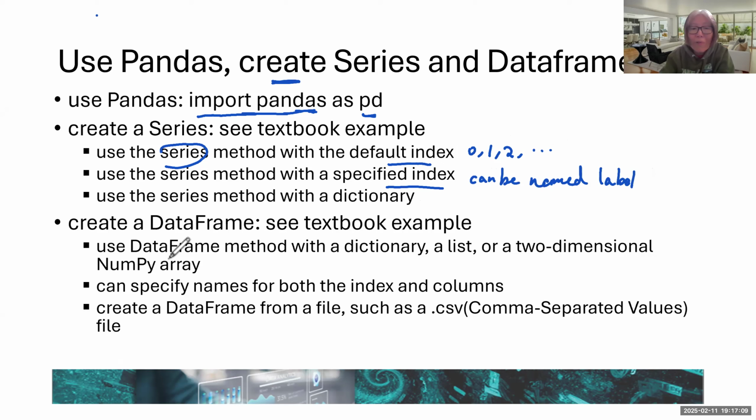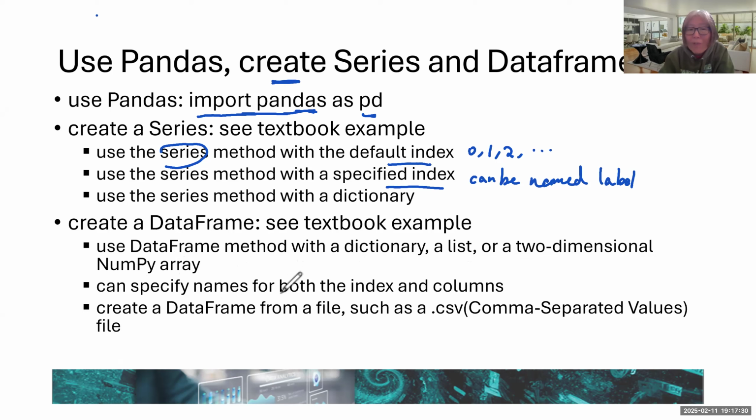And for data frame, you can use the DataFrame method. You can pass in a dictionary, a list, and a two-dimensional NumPy array. If you don't specify, then it will use default index and column.